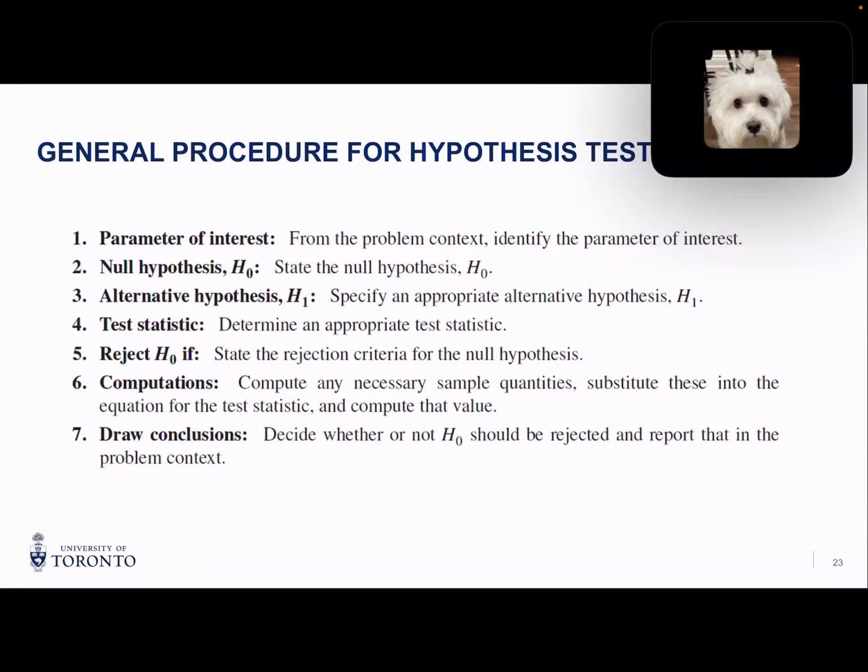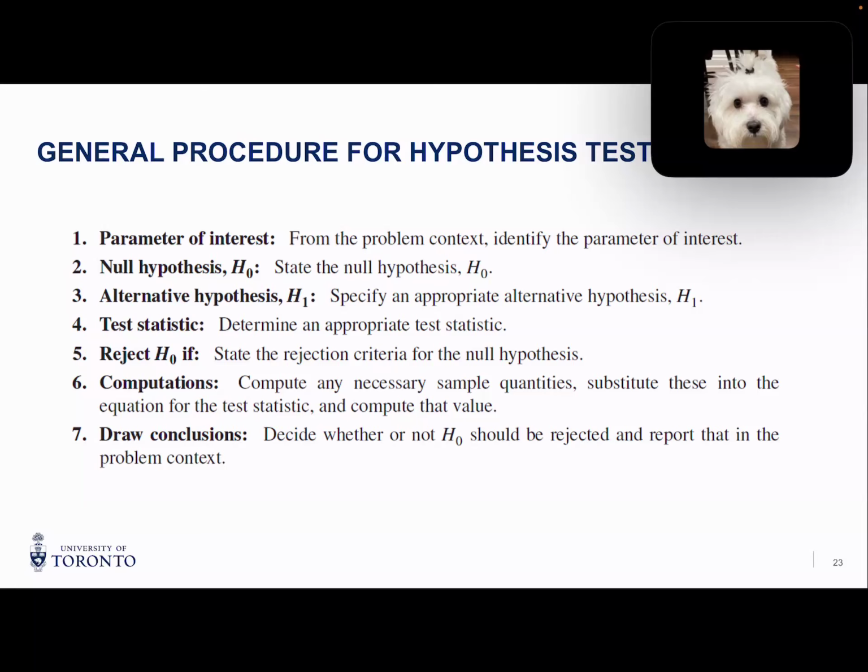Okay, so the general procedure for setting up a hypothesis test. 7 steps, relatively straightforward. Step 1, what is my parameter of interest? What am I testing against? 2, what is my null hypothesis? 3, state the alternative hypothesis. 4, and we'll talk about this, what's my test statistic?